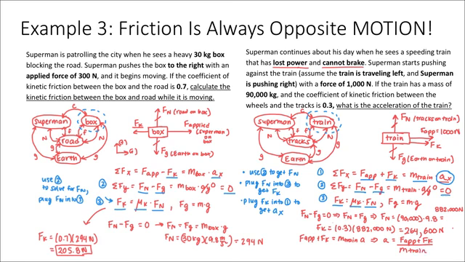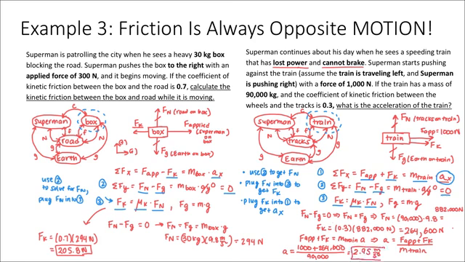And if I were to plug those values in, I'm running out of room here, but I'll show that down here. That's the applied force, 1,000, plus this kinetic friction force, 264,600, divided by the mass of the train, which was 90,000. And again, the units will work out here. So that will be equal to 2.95 meters per second squared.